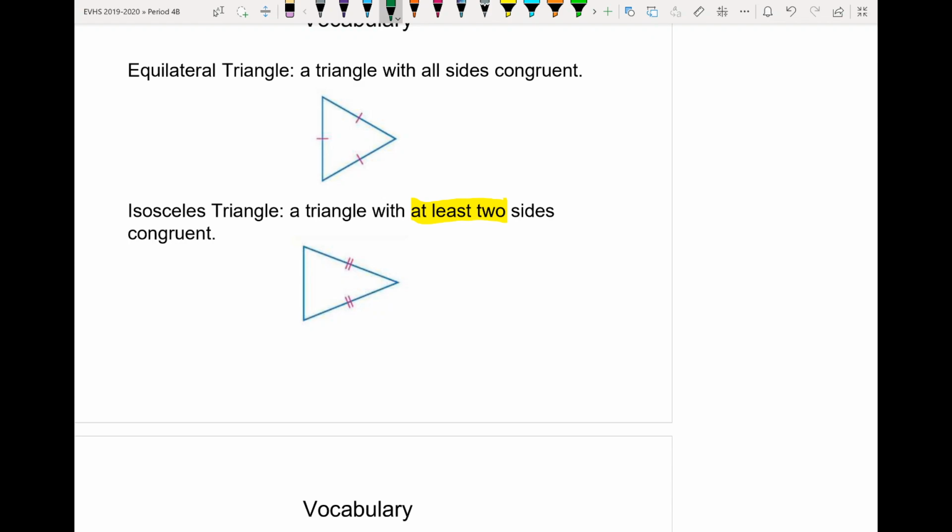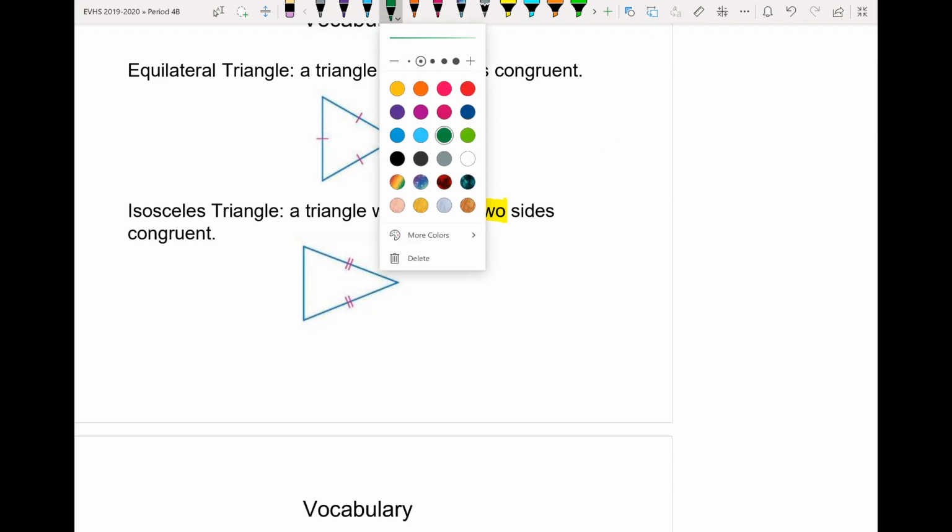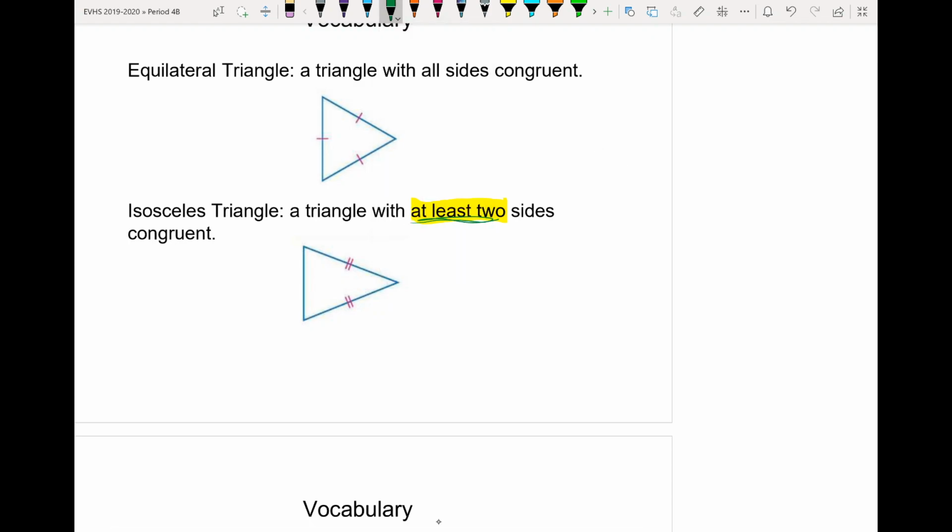Okay? This actual verbiage of saying at least two or at least one is going to become important when we come to quadrilaterals. It's the whole idea of an equilateral being an isosceles, which is a triangle. You'll get the whole thing of a square is a rectangle, which is a parallelogram, which is a quadrilateral. And we'll get into that whole hierarchy there.